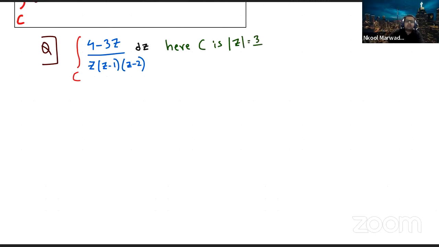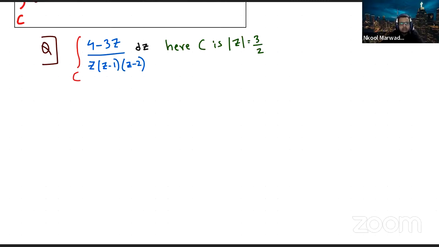Now let us solve this problem using the residue theorem. First, let us visualize the contour. Looking at this, we can see that there are 3 points wherein the function is not analytic, that is 0, 1, and 2.